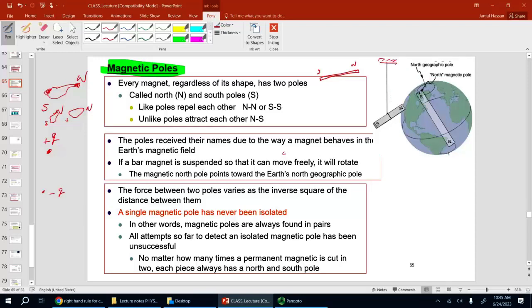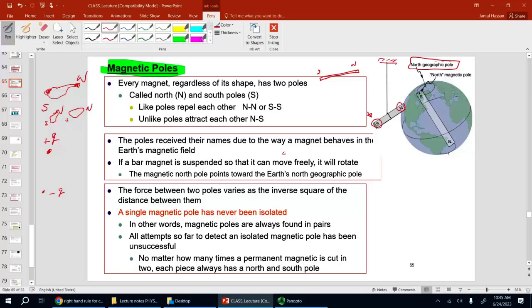The reason is, when you suspend this compass in the air, it will rotate freely, and then after a few seconds, it will orient itself in such a way that one side will orient itself to the north geographical pole, and one side will try to be away from the north geographical pole.